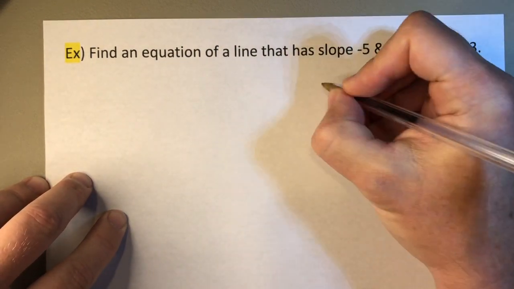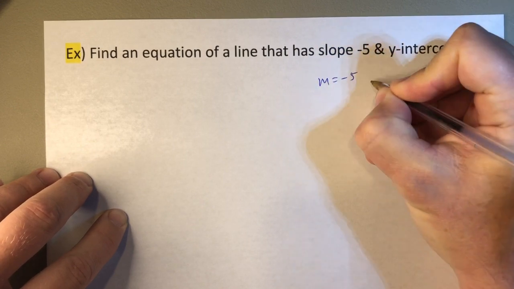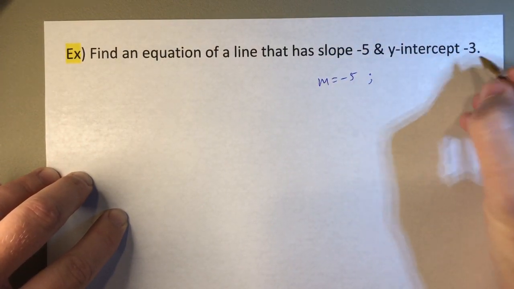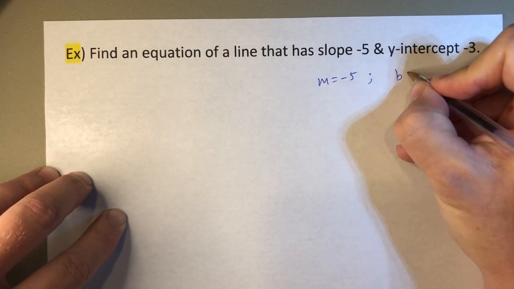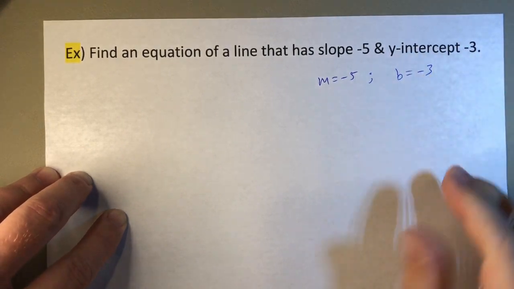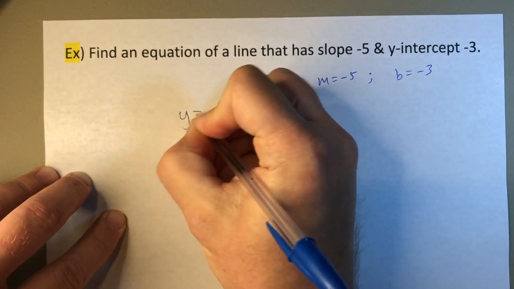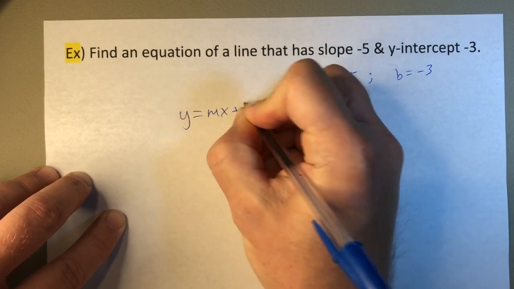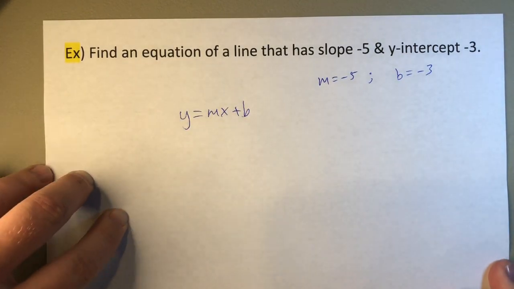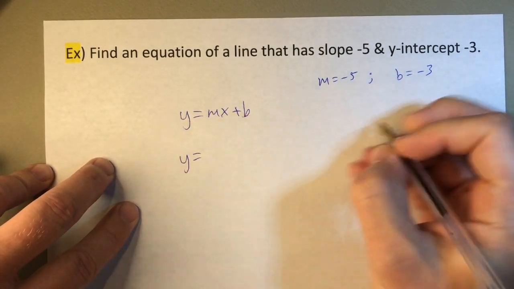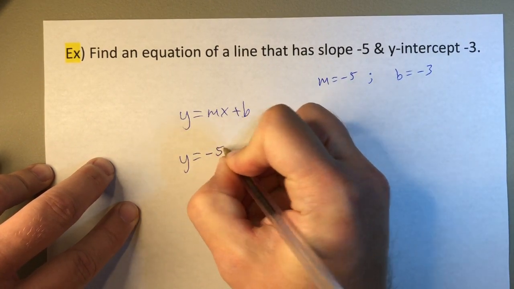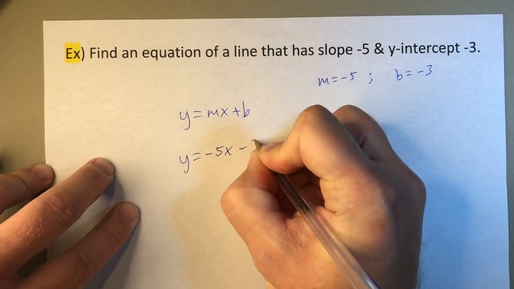If we know the slope is negative 5, and they tell us the y-intercept is negative 3, that means that b is equal to negative 3, then just use this, y equals mx plus b, the slope-intercept form of a line. So the answer is just going to be using substitution, y equals negative 5x minus 3.